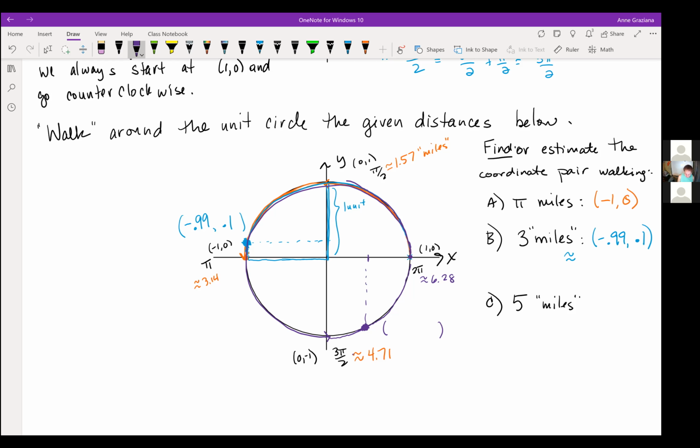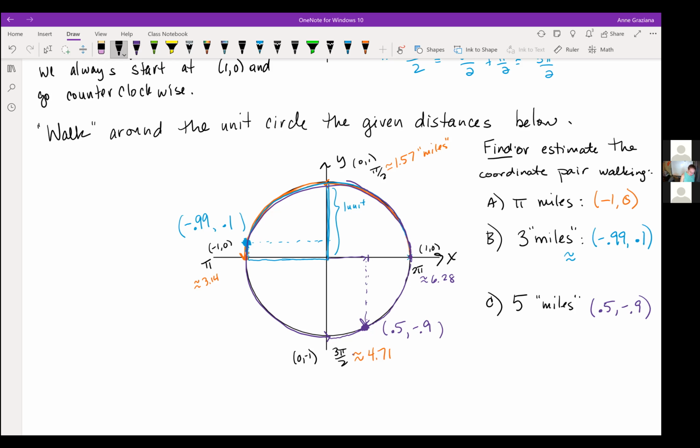Okay, so x, we have to go this direction. Now all the way out would be to 1. Yeah, about 0.5. Okay, it's halfway to 1. And then I have to go down. And then yes, that would be the y. The y would be about negative 0.9, negative 0.8, somewhere in there. So this is 0.5, negative 0.9. Okay, you guys see how we're estimating these?